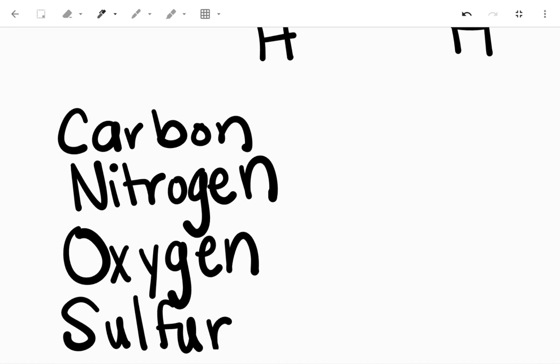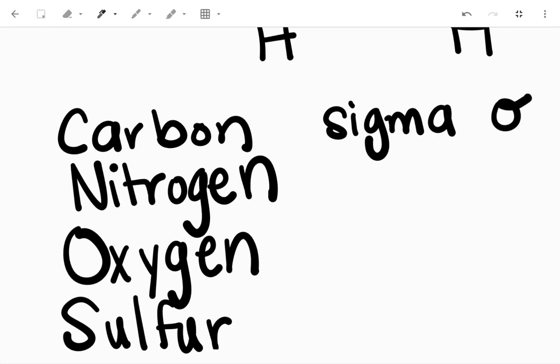Now when we're talking about sigma, we have a single covalent bond, right? But in the cases of multiple bonds, you can have pi bonds. So a multiple covalent bond consists of one sigma and one pi. Sigma is denoted by this Greek letter, sigma, and pi is denoted by this familiar symbol.